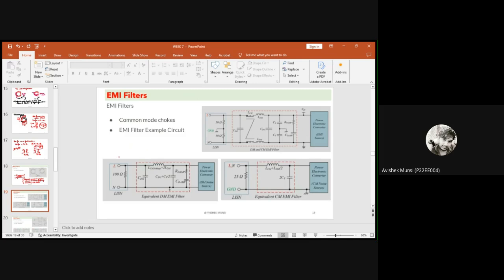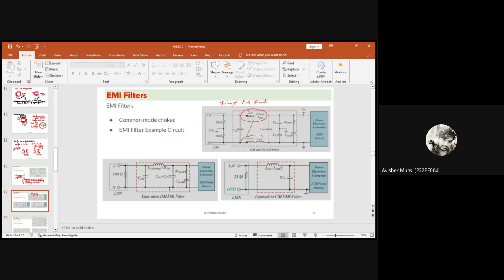So this is the equivalent diagram for a EMI filter, this is a Y type EMI filter. So here you can see that this is the common mode choke.